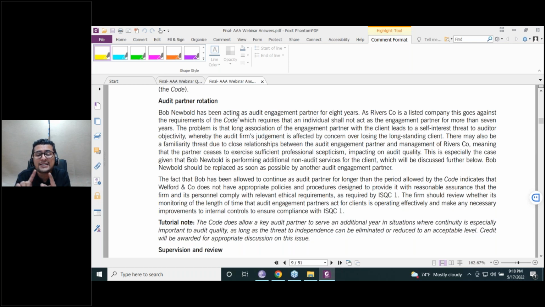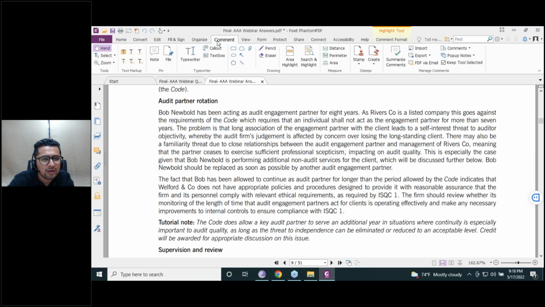As River Company is a listed company, this goes against the requirement of the code, which requires that an individual shall not act as an engagement partner for more than 7 years. This is it. We are done with 1 mark.